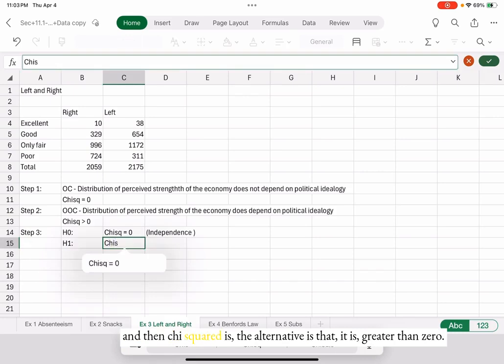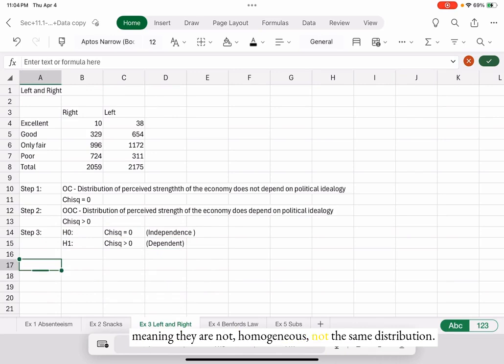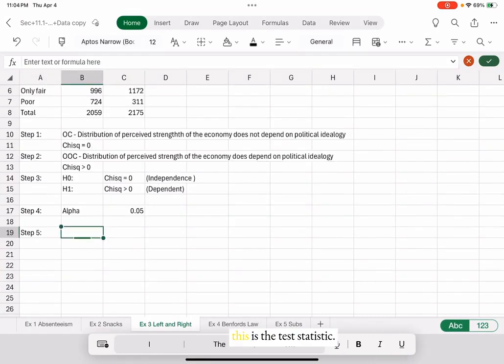And then chi-squared greater than 0 is the alternative, meaning they are not homogeneous, not the same distribution. Step 4 is alpha. Is alpha given this time? Nope. 0.05.